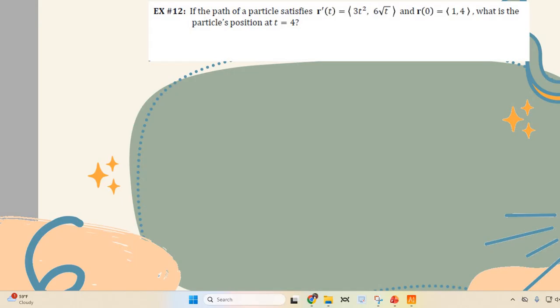Agreed? Okay. So r of t is going to equal, what is the antiderivative of 3t squared? Plus c1. Okay, what is the antiderivative of 6 square root of t?